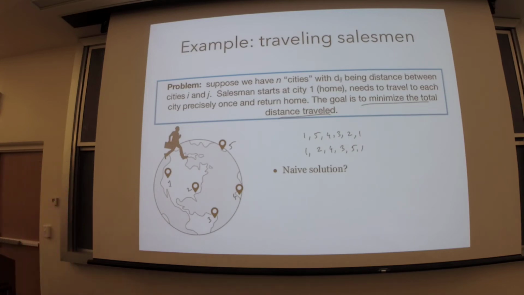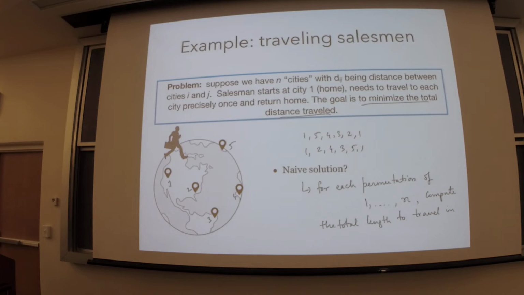So for each permutation of 1 through n, compute the total length to travel in that order.